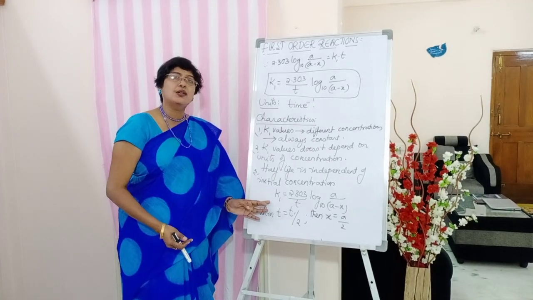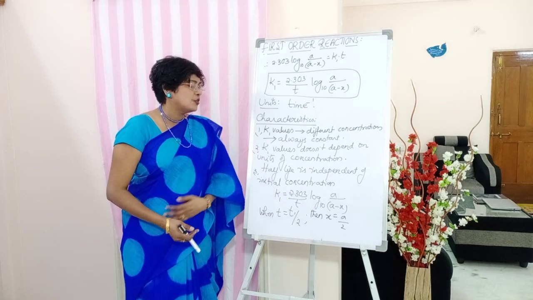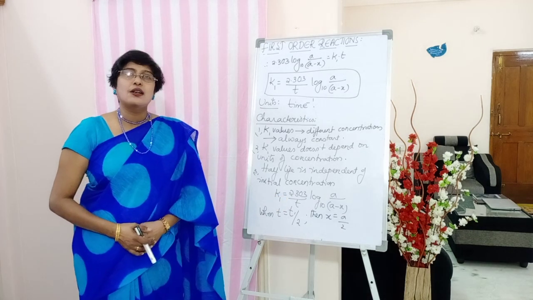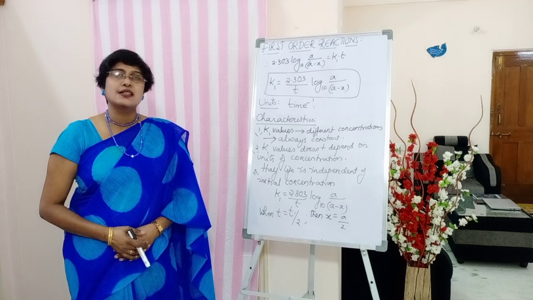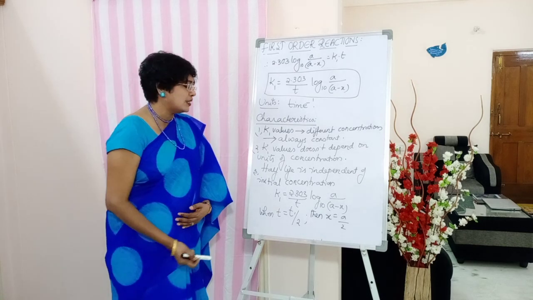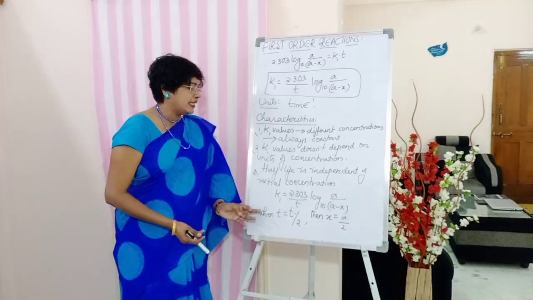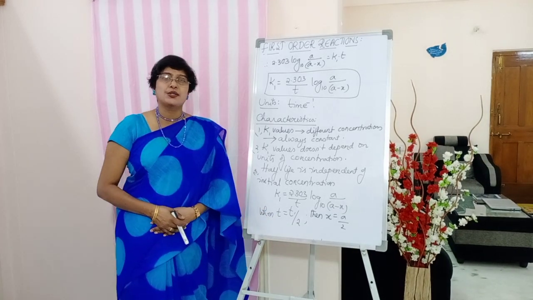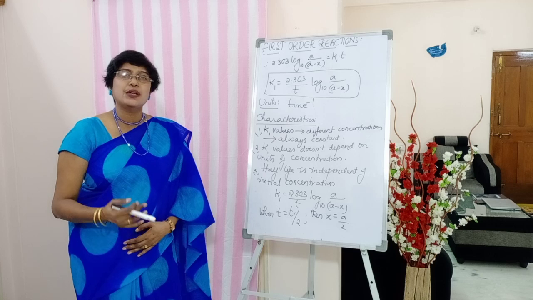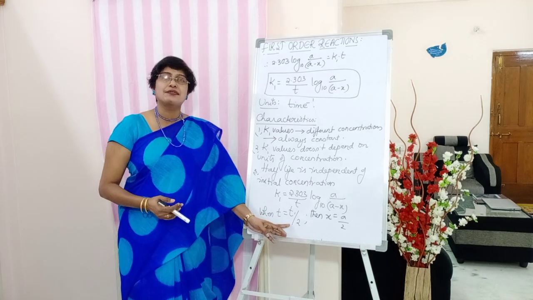First write down, we know that K1 is equal to 2.303 by t log of a by a minus x, base 10. Kindly write down the equation for K1 and below write down when t is equal to t by 2, that is half the time, which we write as t half.